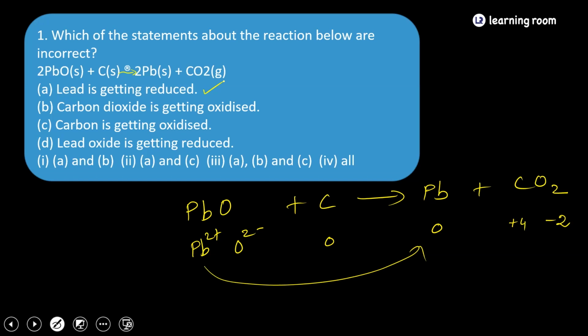Carbon dioxide is getting oxidized, 0 to +4. Carbon getting reduced, lead is getting reduced, +2 to 0. Sorry, lead oxide is getting reduced.